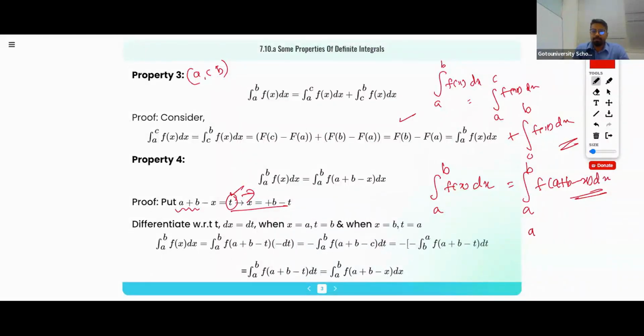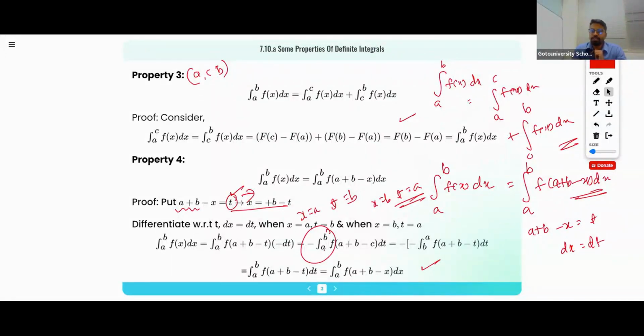So when you put a plus b minus x equal to t, when you differentiate, dx becomes minus dt. When x becomes a, t becomes b, and when x becomes b, t becomes a. So that is how this is changed to minus of integral of a to b f of t dt. So please check these statements clearly.